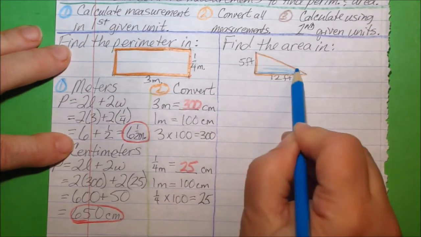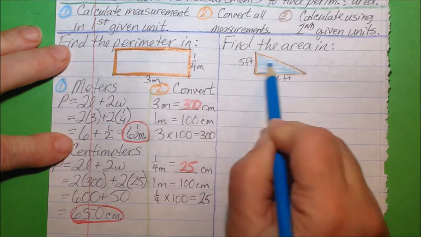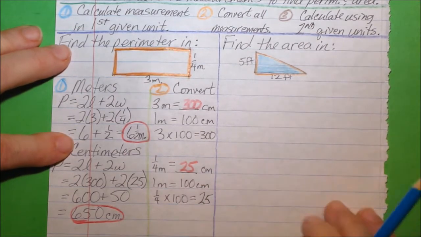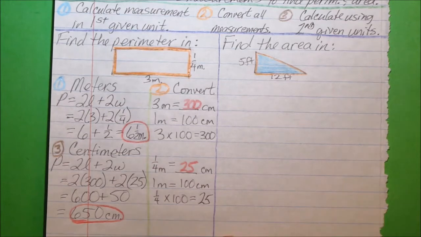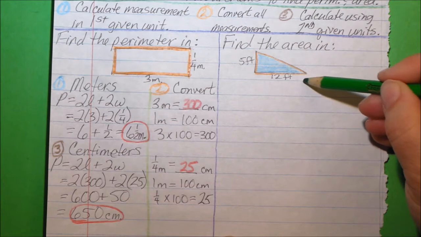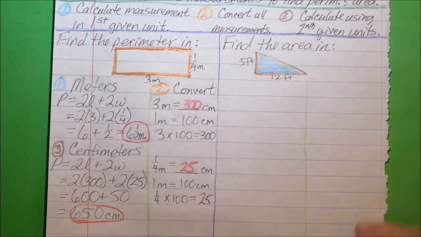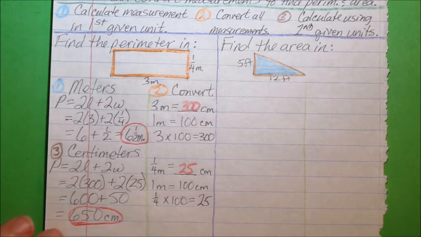So I'm going to shade it in with my light blue pencil to remind myself this is not a perimeter problem. This is an area problem. All right, and then with my light green, I'm going to divide this space in half all the way down and get ready with step 1.